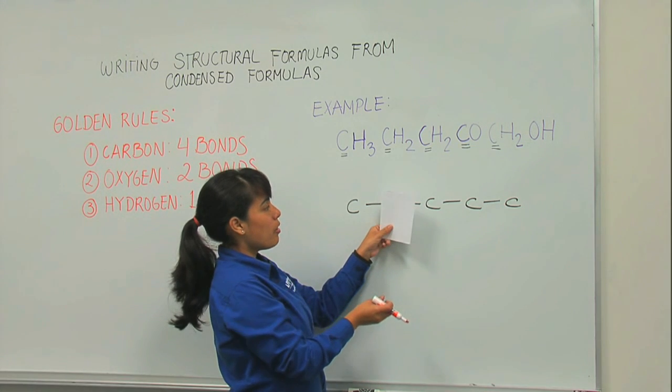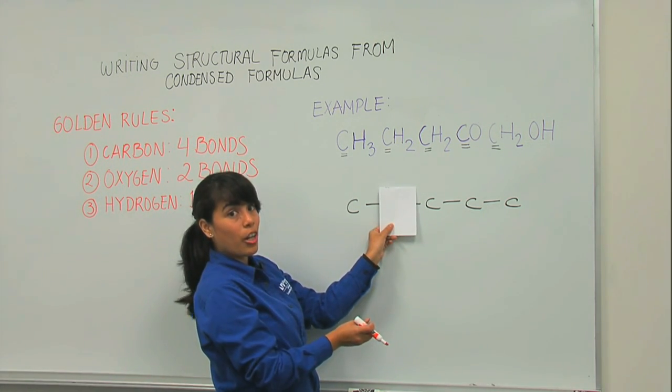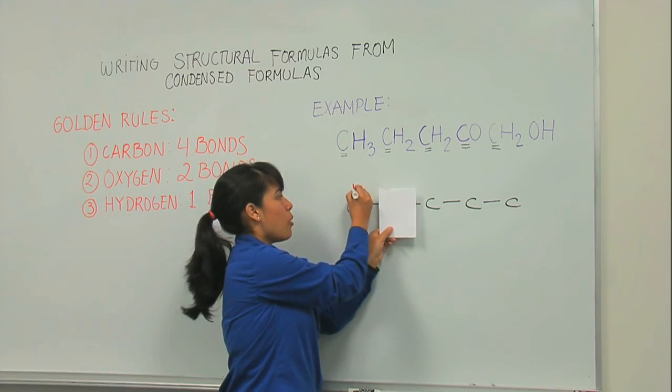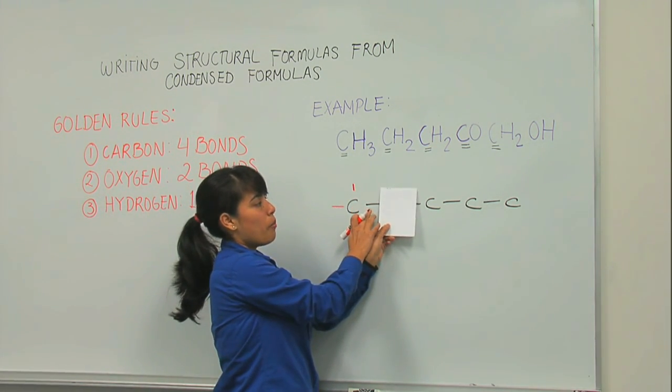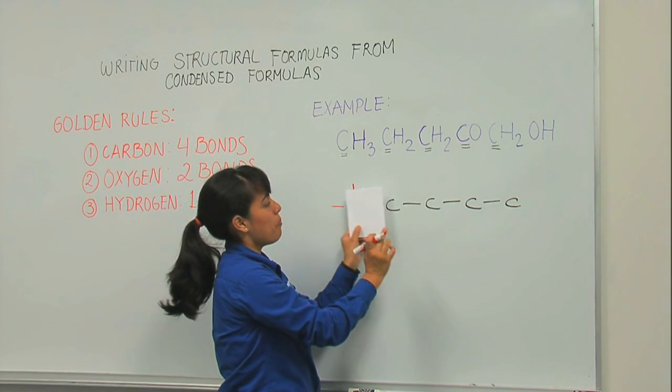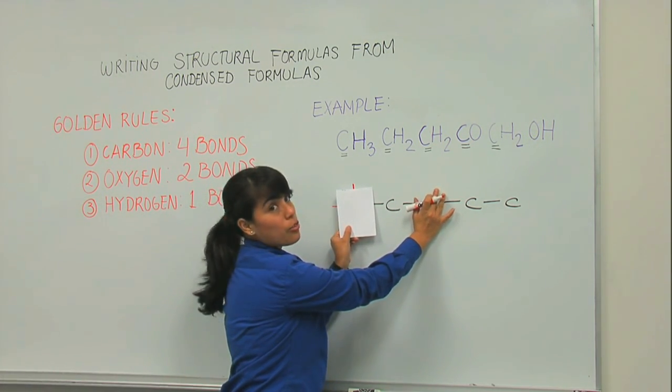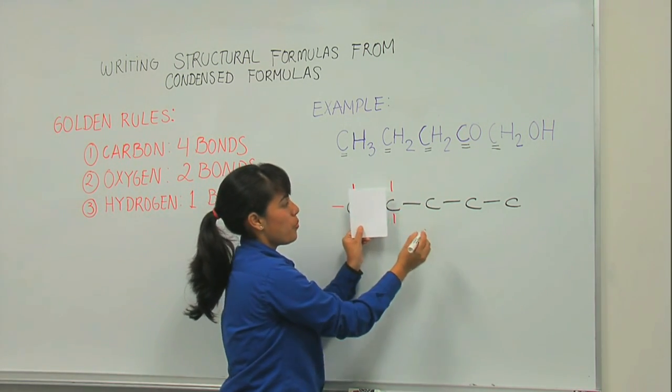So I'm going to take a look at this carbon. This carbon here already has 1 bond, so I would need another 3. 1, 2, 3, plus the one that is already here, that's 4. What about this carbon here? This carbon here has 2 bonds already, so I just need 2 more. 1 and 2.